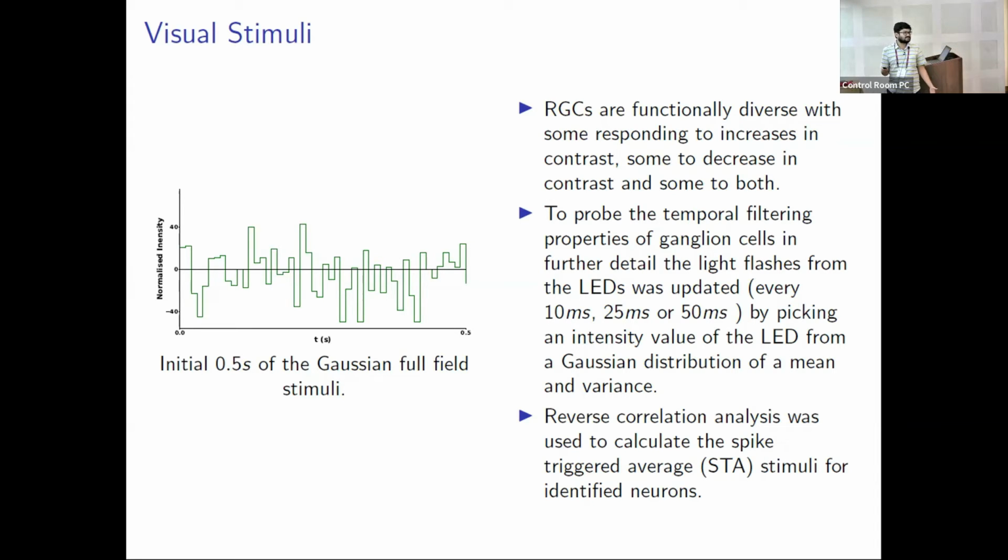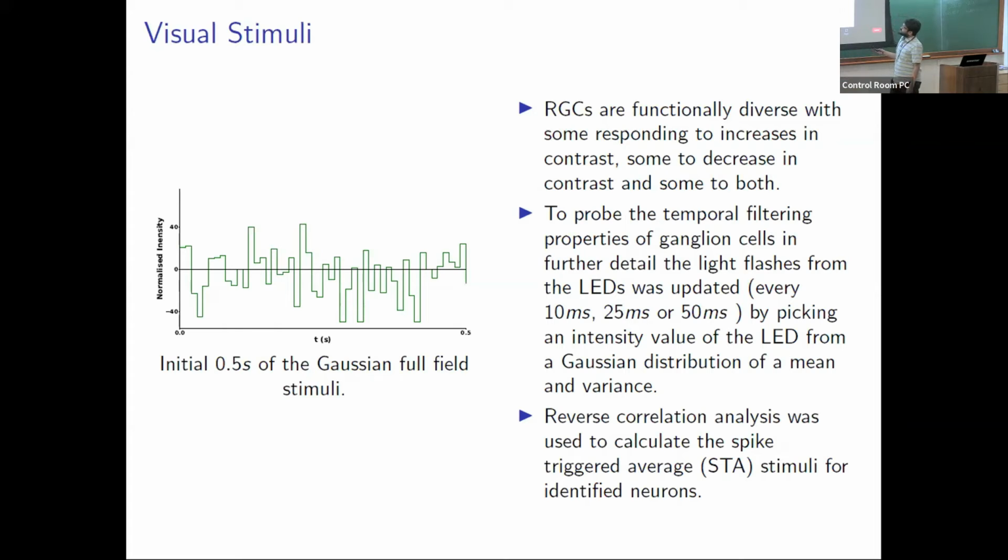The assumption is that it elicited the spike. If you do that for all the spikes a particular ganglion cell has produced, you get the spike triggered average of the response of the cell. So you basically get, if the cell is firing, on average the stimulus that preceded the spiking.